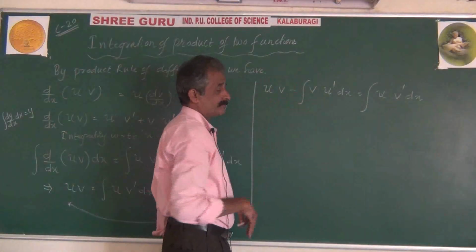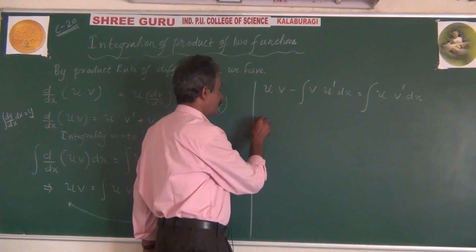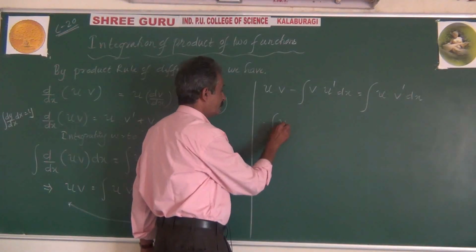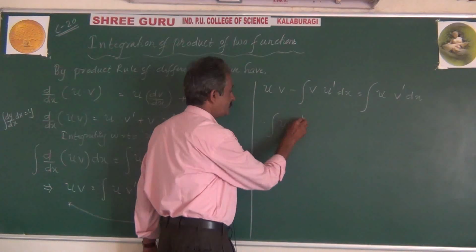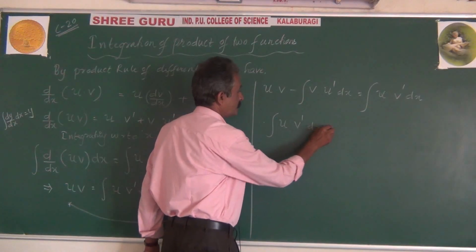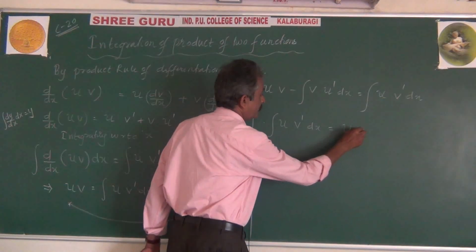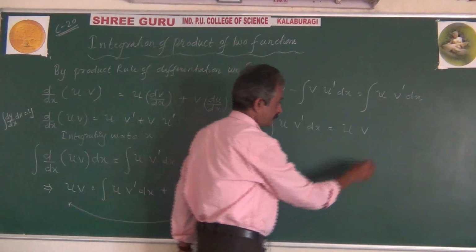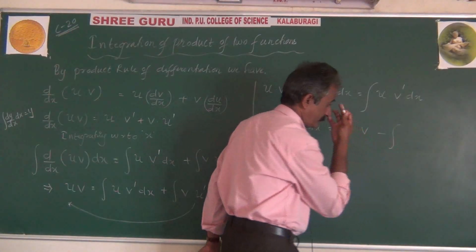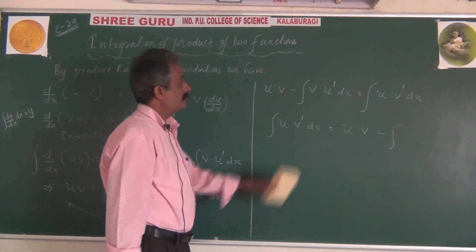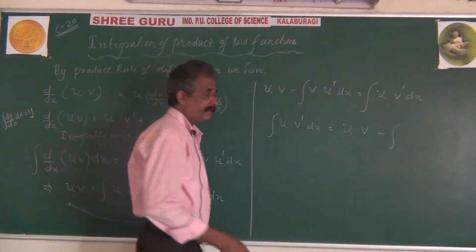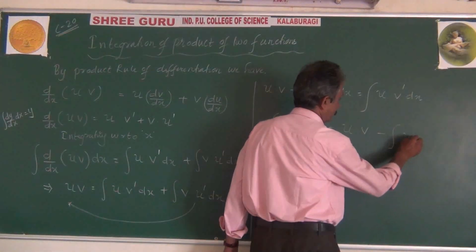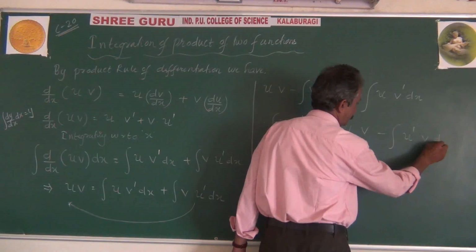Interchanging sides, on interchanging sides, integration of u into v dash dx equals u into v minus integration of v into u dash dx.